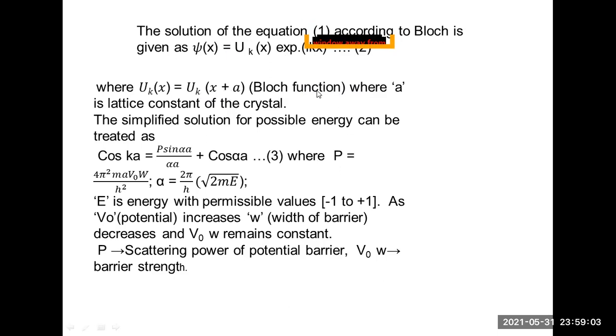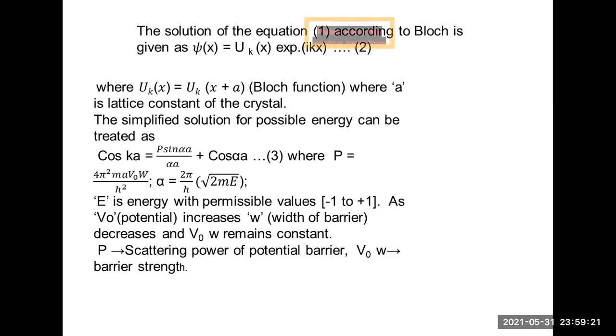Since the electron is moving inside the crystal, it will take the periodicity of the crystal. It will take some important character, and that character has been indicated with the letter small a, which is called the lattice constant of the crystal.